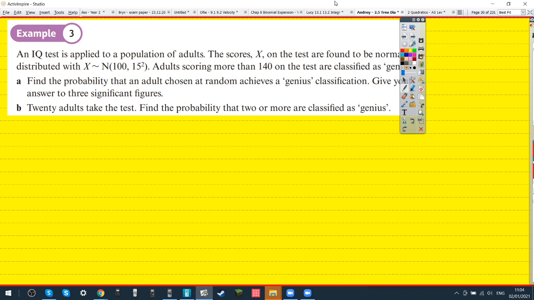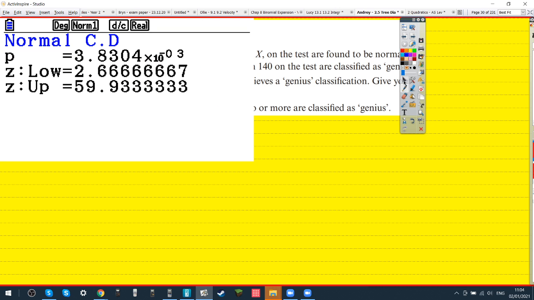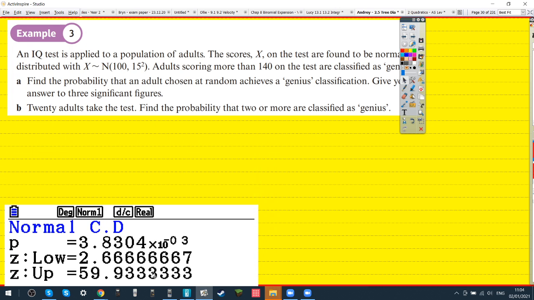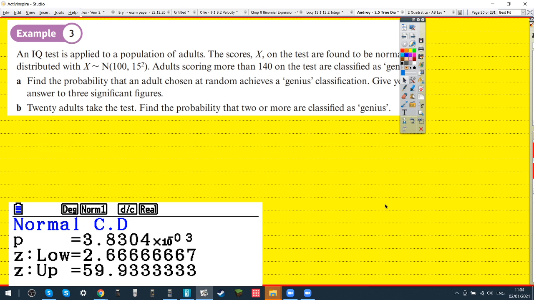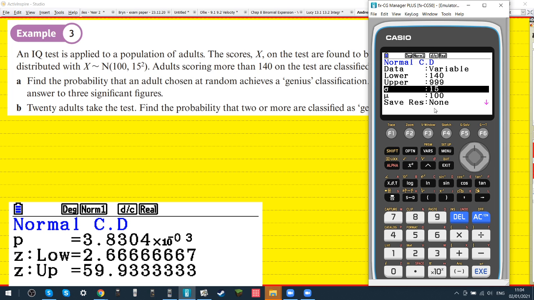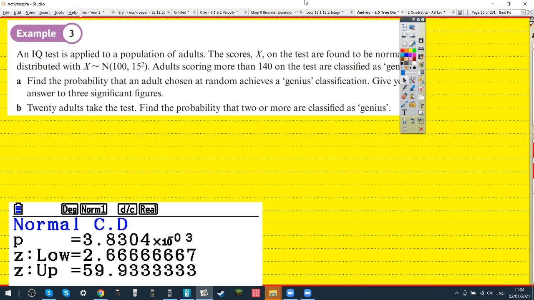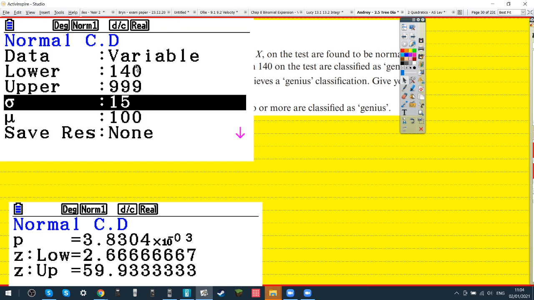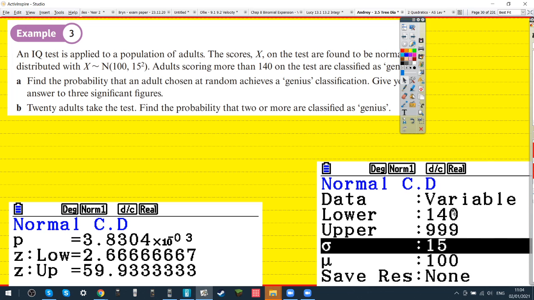And find the probability to 3 sig fig. Okay, what's that? For me it's 3.83 times 10 to the minus 3.